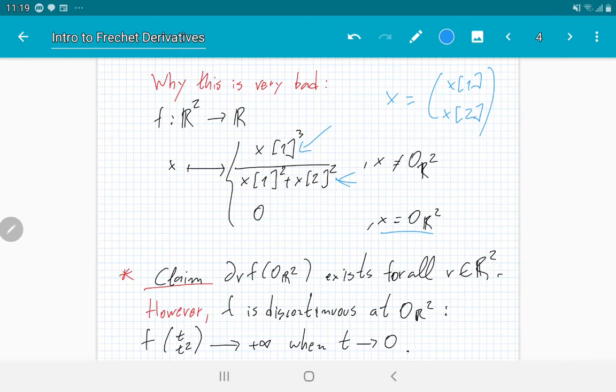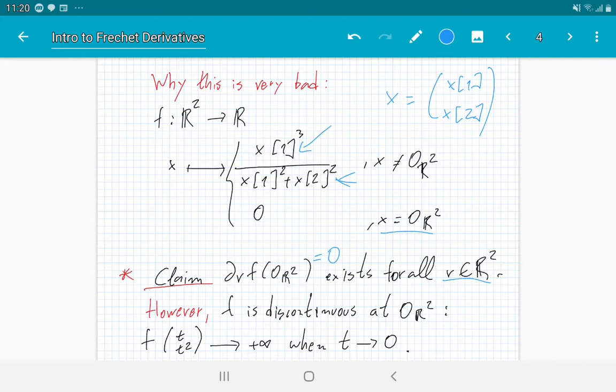My claim is the following: this function has well-defined directional derivatives at 0 for all possible v, and these are actually all 0. However, this function is discontinuous at 0, because if I compute it along this curve t and t squared, this ratio blows up.